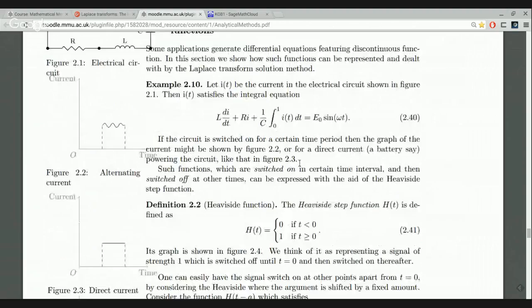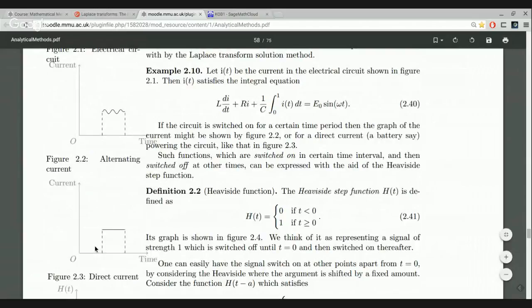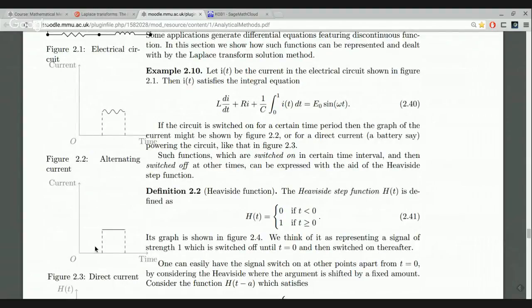So the graphs of that kind of current might schematically appear as they do there in figures 2.2 or 2.3. So the current might be switched on for only a certain period of time. Most of the time the current is switched off, so the graph of the current function is just 0.